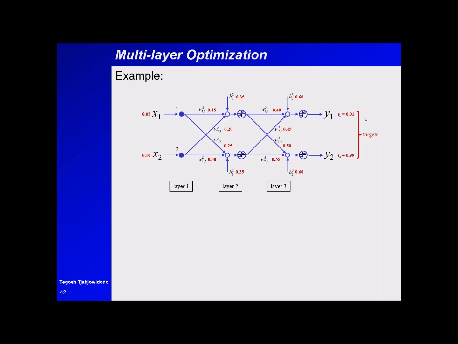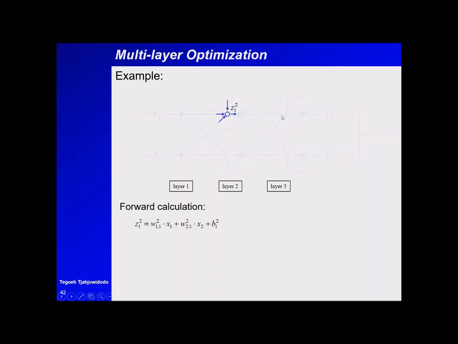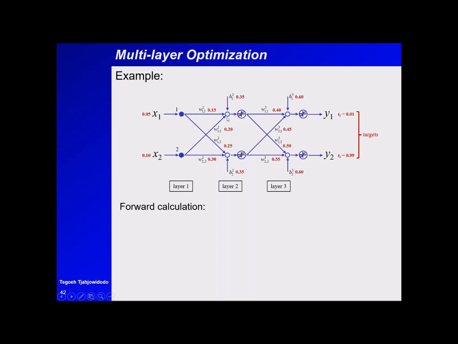We take the forward step. Let's do the forward calculation. So first, I will calculate this part. The output of this node is equal to x1 times w112 plus x2 times w212 plus b12, right?